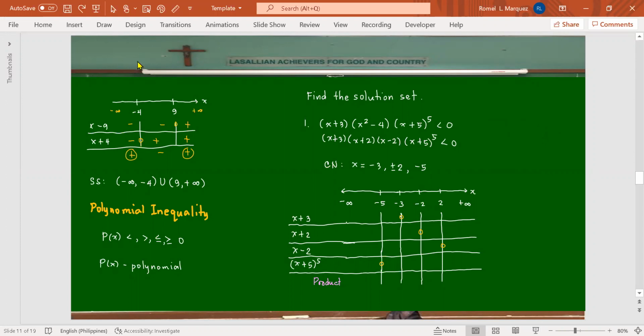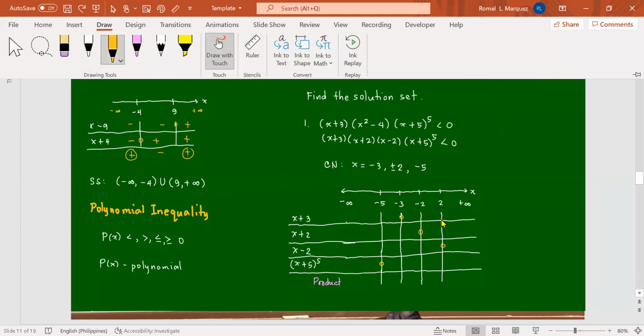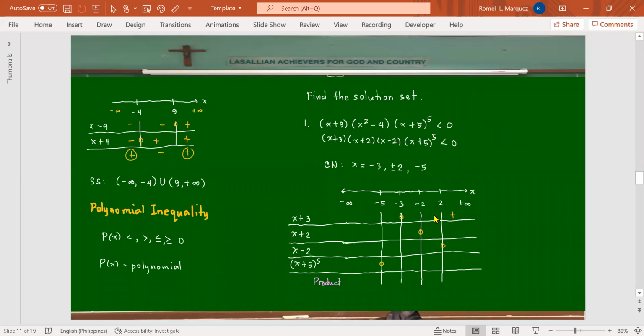How to put the sign so that you can easily put the sign? Here, positive. Negative, negative, negative, negative, negative, positive, positive, positive. It's like playing tic-tac-toe. Four negatives, positive. Three negatives, negative. Two negatives, positive.